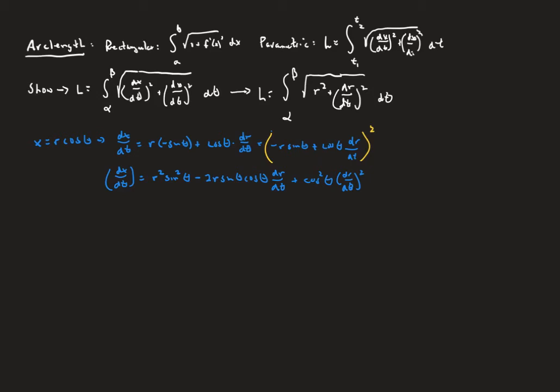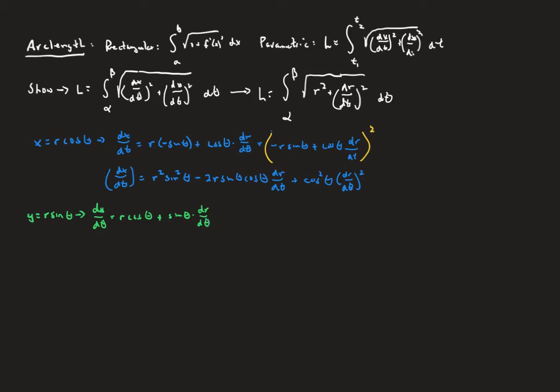Let's take a look at y, which is r sine of theta. From there we get dy/d theta. Here's another product rule: the first, r, times the derivative of the second, cosine theta, plus the second, sine theta, times the derivative of the first, which is dr/d theta.